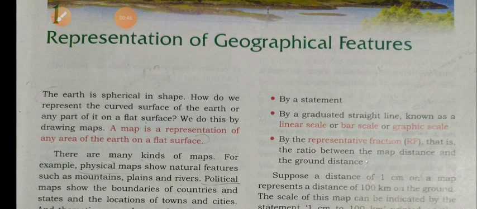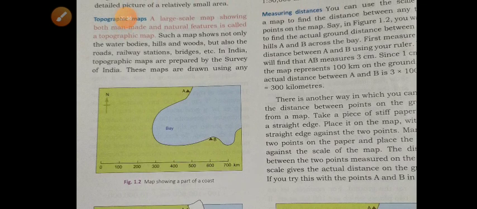And next we learned about the definition of a topographic map. In a topographic map we can see the natural features as well as the man-made things. These kinds of maps are called topographic maps.